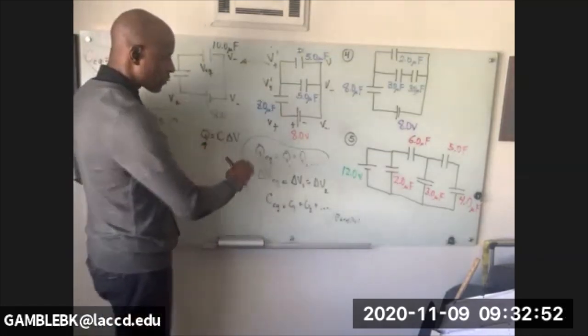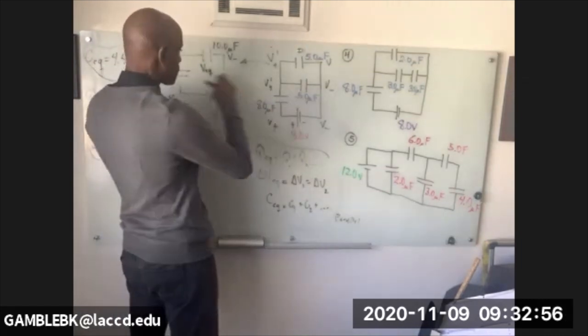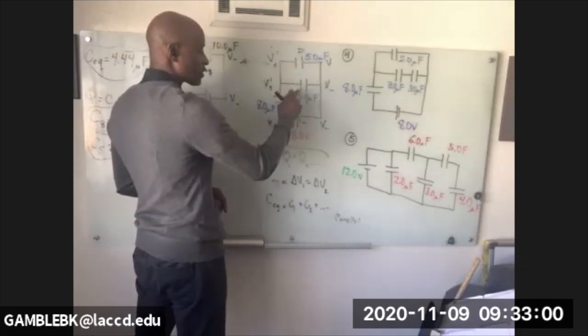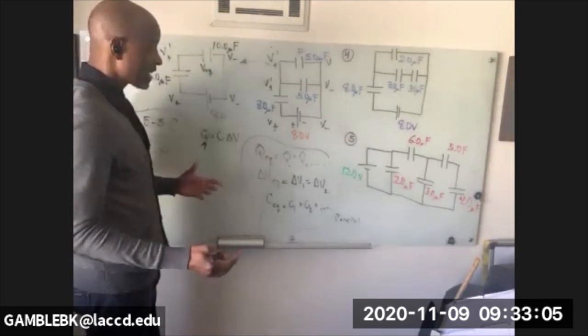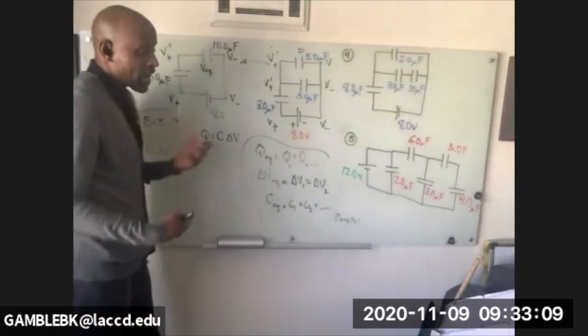But I also know from the properties that we evaluated in general that the total charge on the equivalent capacitor is going to be the sum of the individual charges on each capacitor. So I know the charge has got to split, and the total amount is 3.55. So how does it split?